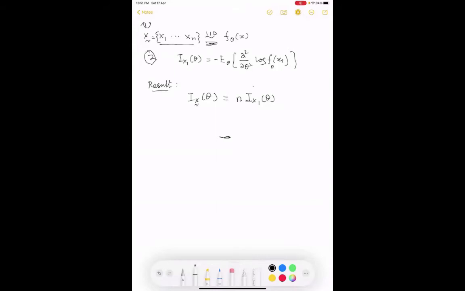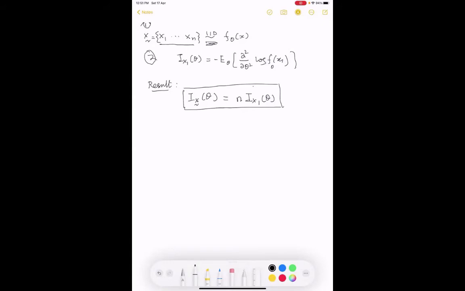In that case, you can show the total Fisher information for the data set is nothing but n times the Fisher information for x1. So this is an important result. You can prove this result. Actually, in Nitish Mukherjee's book, he has provided the proof. And this is going to be a very important result that we are going to use again and again to understand the concept of sufficiency.